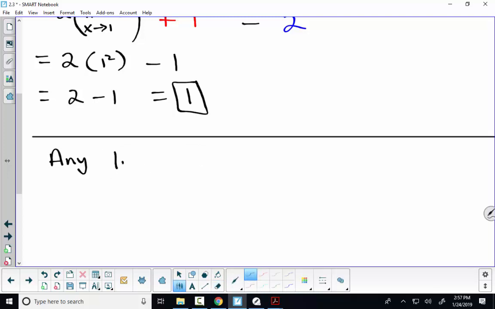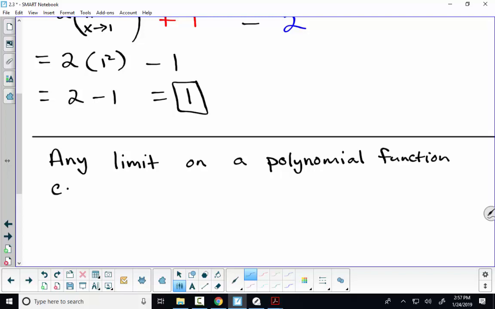So any limit on a polynomial function can be evaluated by direct substitution.